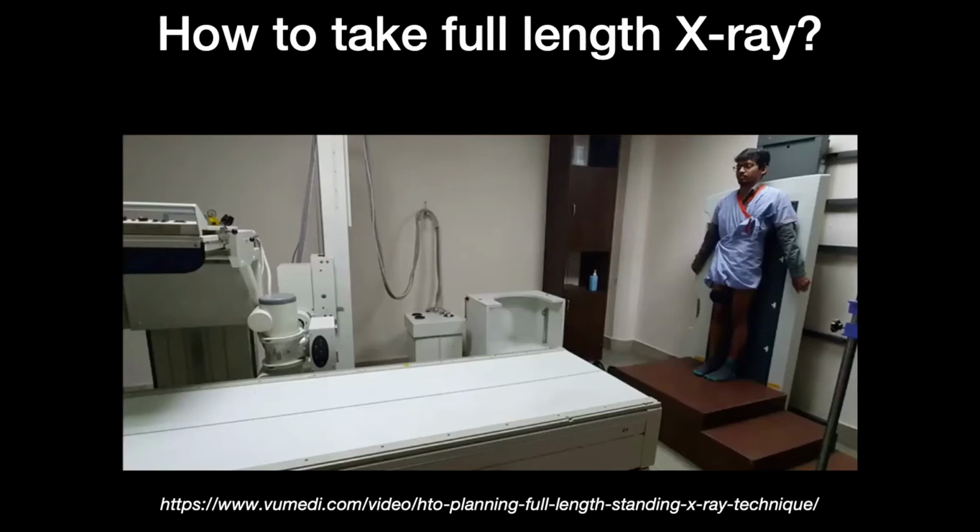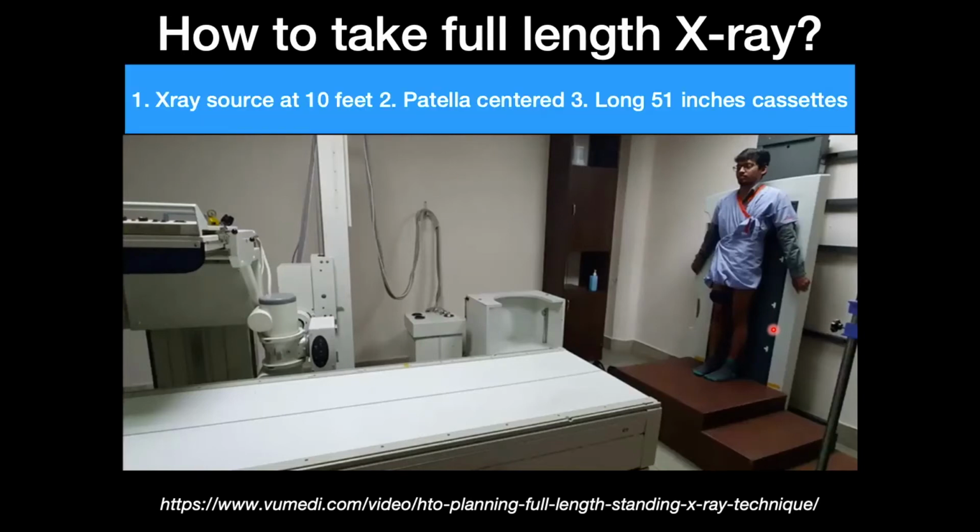To plan a high tibial osteotomy, first and foremost, you need a long full length X-ray, and there are some techniques to take it. The X-ray source is usually kept at a 10 feet distance, with the patella at the center.